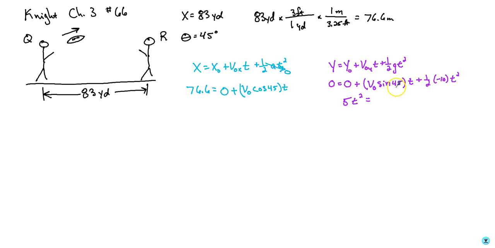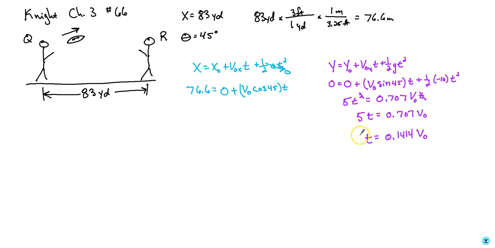The sine of 45 is 0.707 again, so 0.707 times v sub o times t. From here, we can cancel out a set of t's, so we get 5t equals 0.707 times v sub o, or t is equal to 0.1414 v sub o.